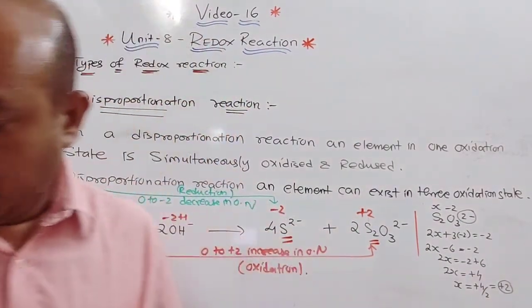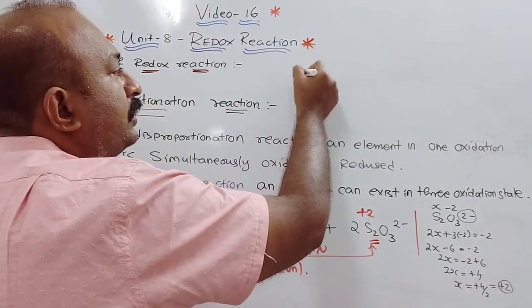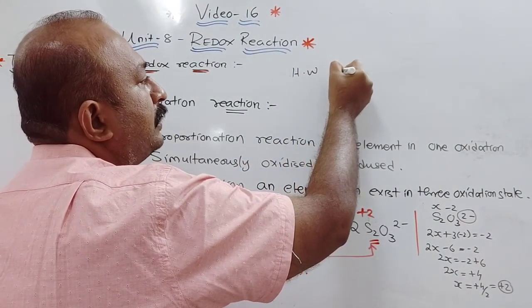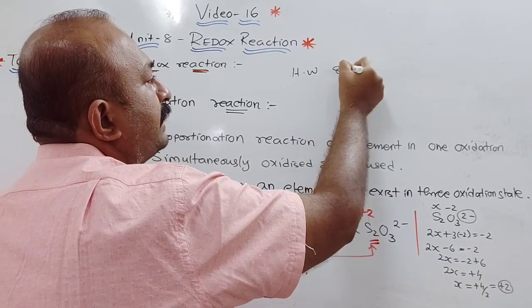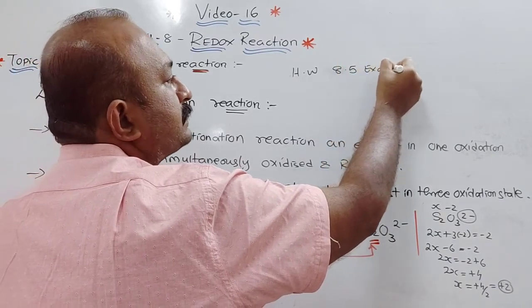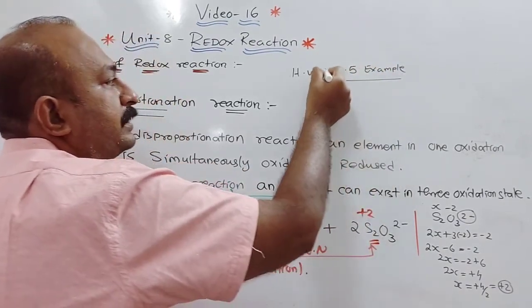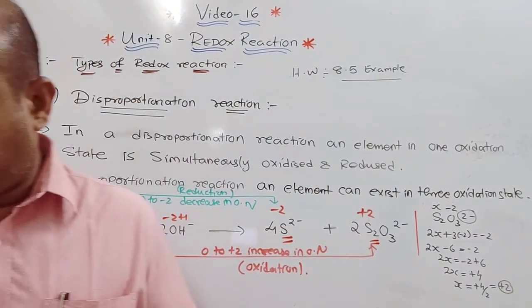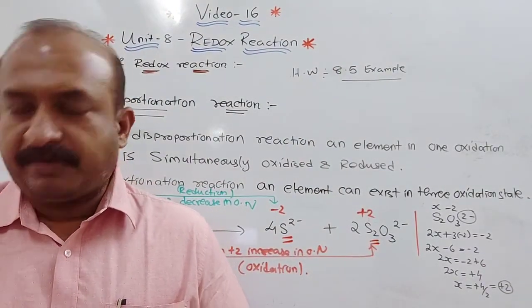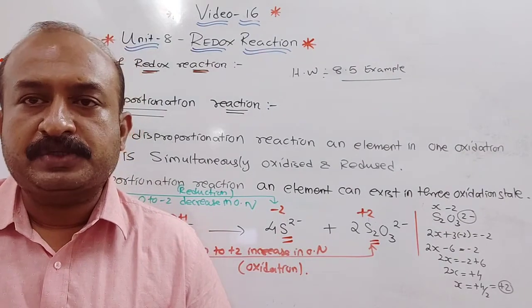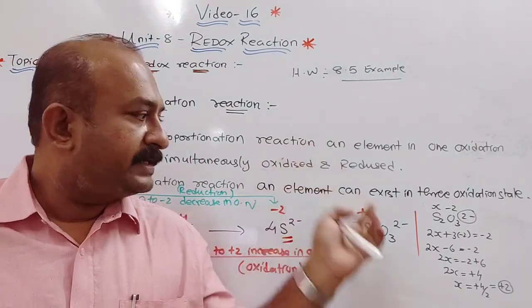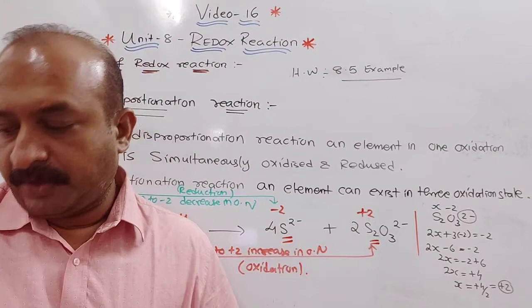Now in your textbook, homework is there. Example 8.5, a solved example. So don't directly copy. Solve example 8.5, in which you have to find out which reaction is a disproportionation reaction. For that you need to assign oxidation numbers like this.